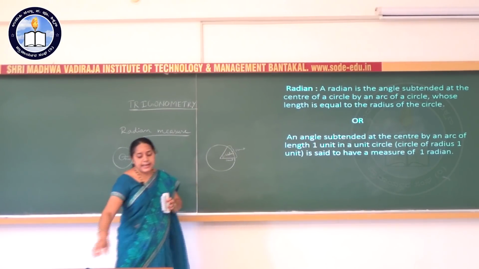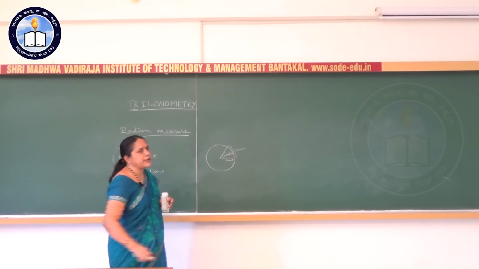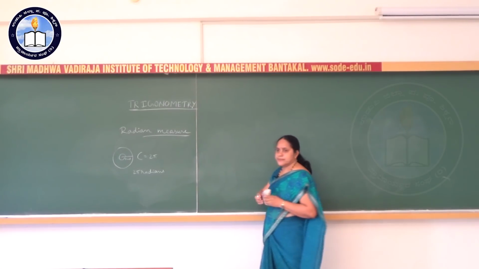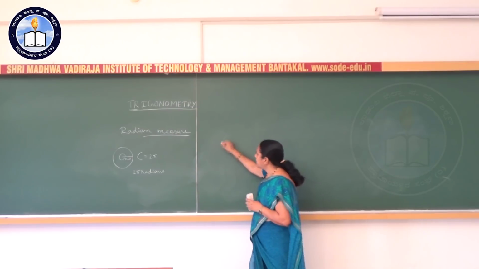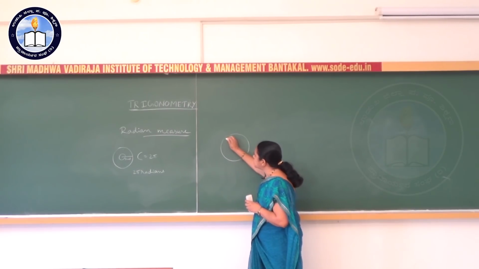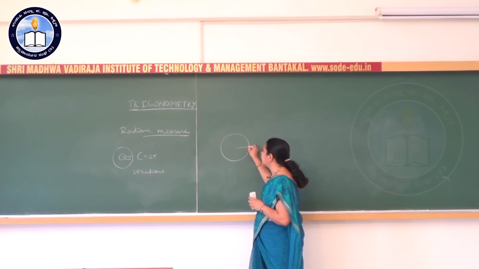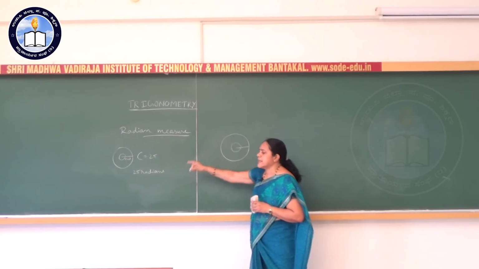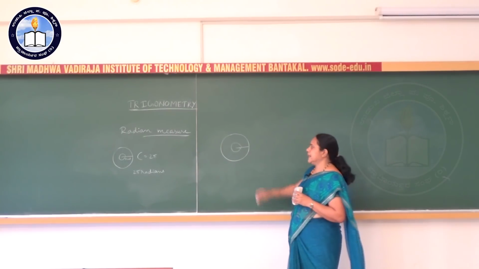Now, what is the relation between radian measure and degree measure? One complete revolution of the initial side subtends an angle of 360 degrees, which is the same as 2 pi radians.